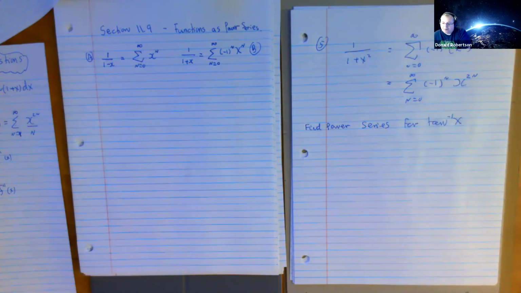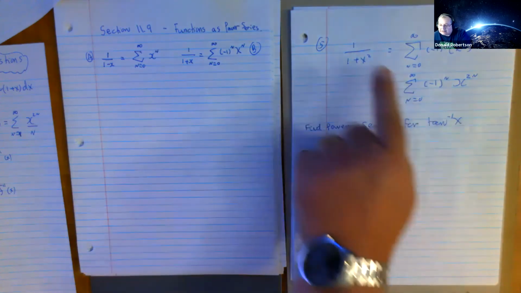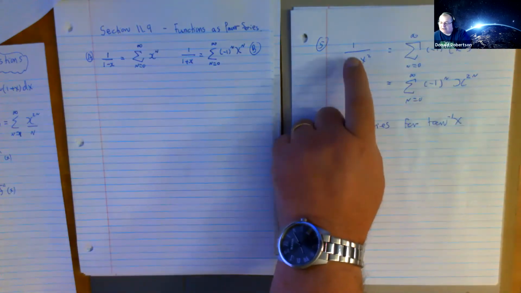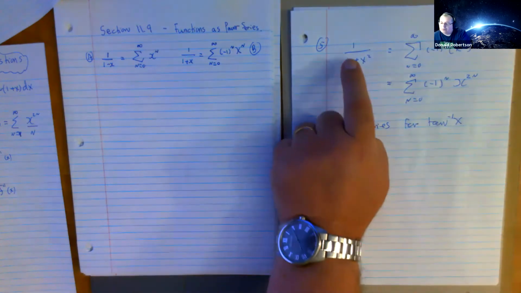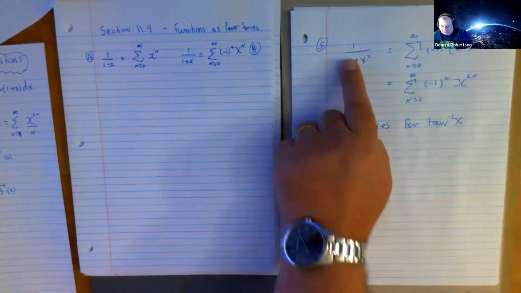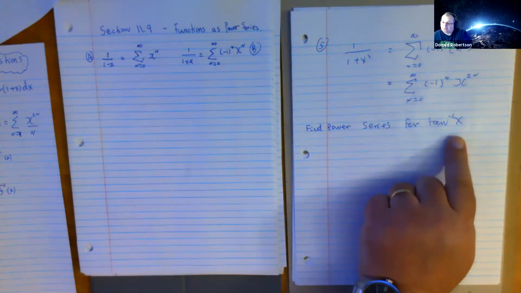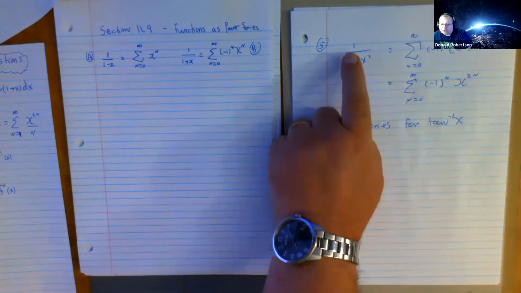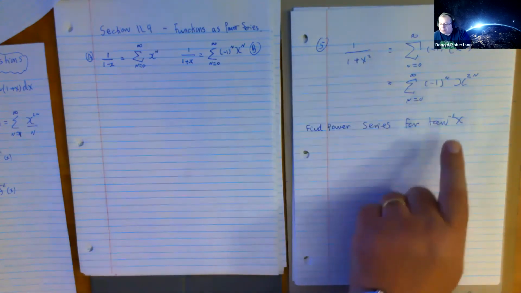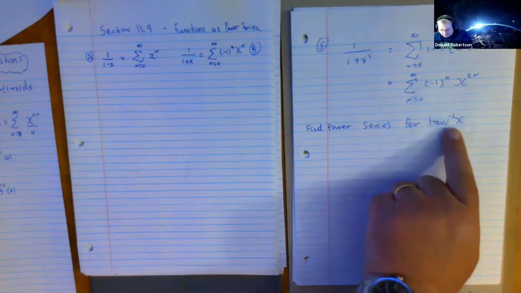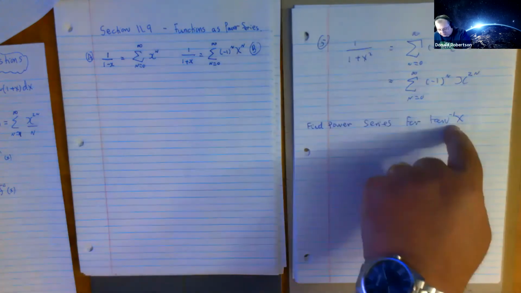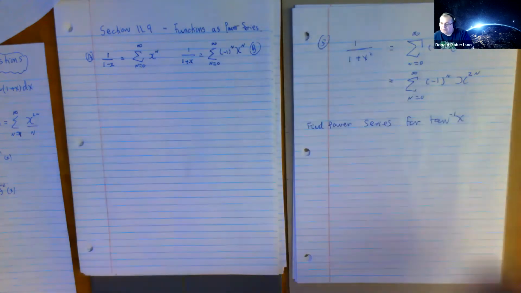But to find the power series for the inverse tan of x, I needed to know the power series of this, because I'm going to do something to this that's going to get me that. What could you do to this that would make it that? Not that direction, but this direction, going this way.